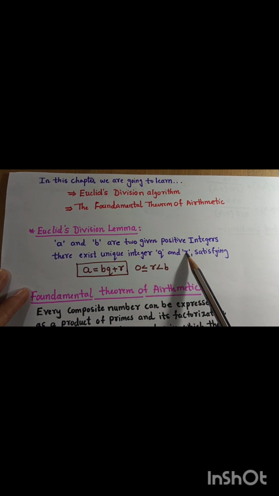These a, b, q and r are integers, and they satisfy a = b × q + r. This is the main formula here.